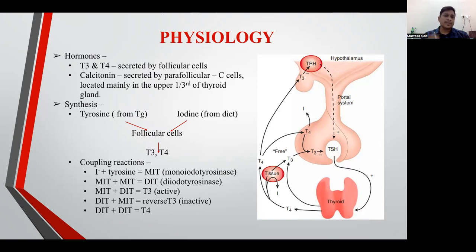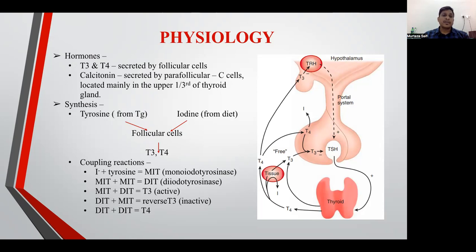Then the coupling reactions: iodine along with tyrosine forms monoiodotyrosine. Then two of these combine to form diiodotyrosine. Then monoiodotyrosine plus diiodotyrosine form the T3 hormone, which is the active form of the hormone.